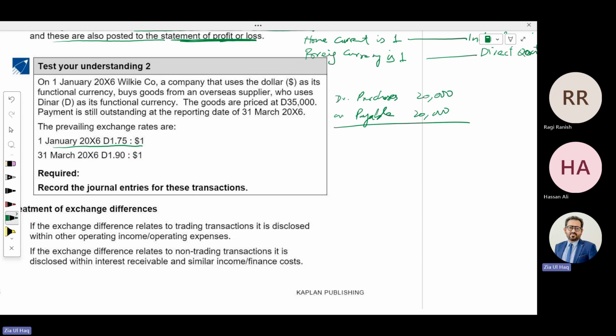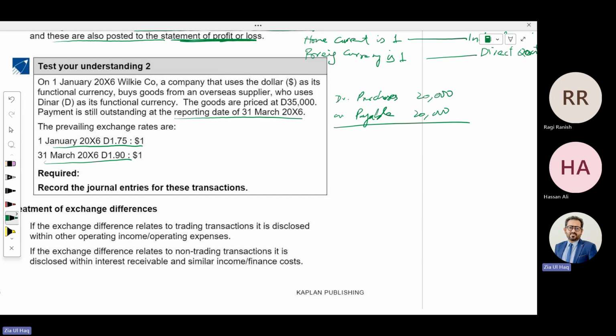Okay, what happens next? The goods are priced at 35,000. Payment is still outstanding at the reporting date of 31st March 20x6. The prevailing exchange rate at 31st March is 1.9.